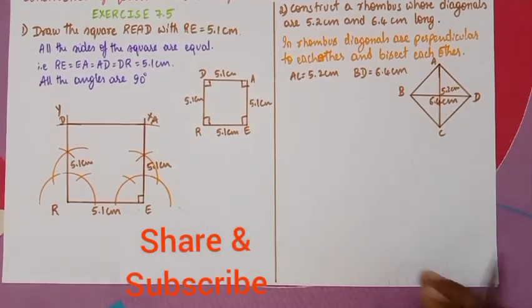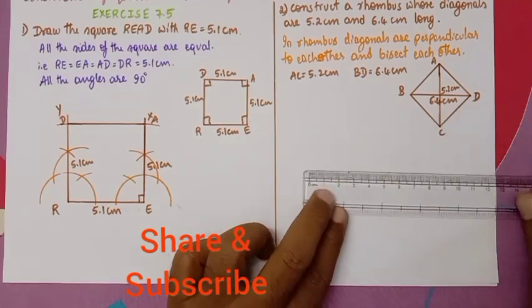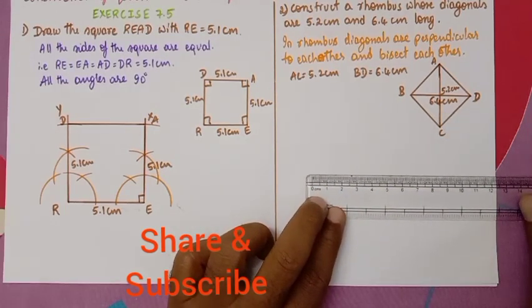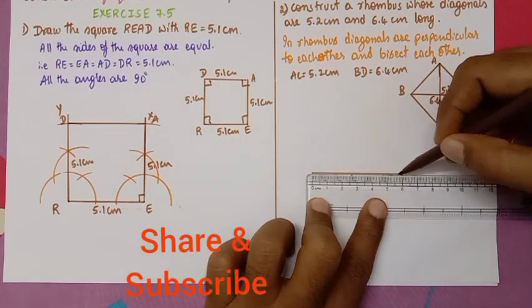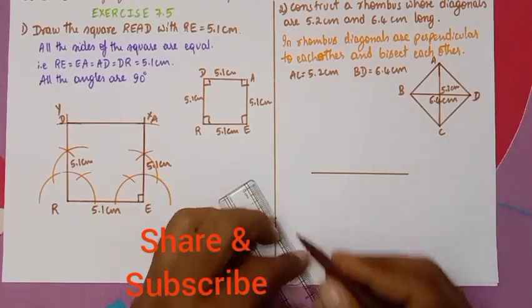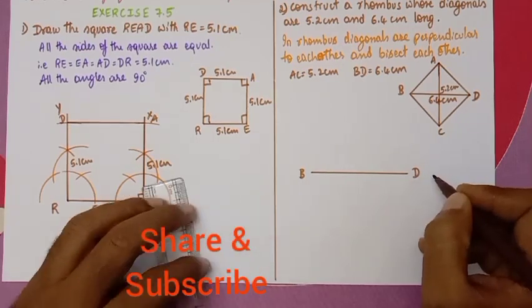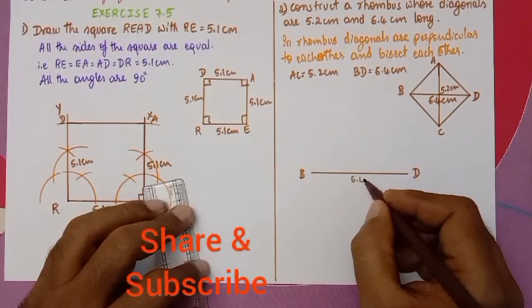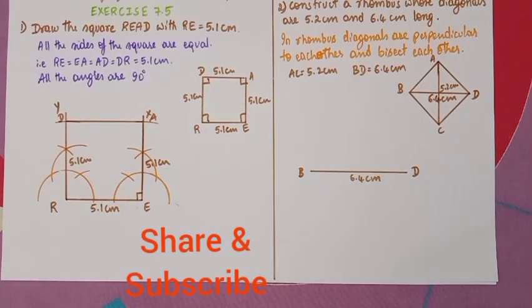So the first step is, let me construct a line of length 6.4 centimeter. Yes, it is ready. Now this is B and this point is D. Here the length is 6.4 centimeter. What we want is to construct a perpendicular bisector of this line BD.